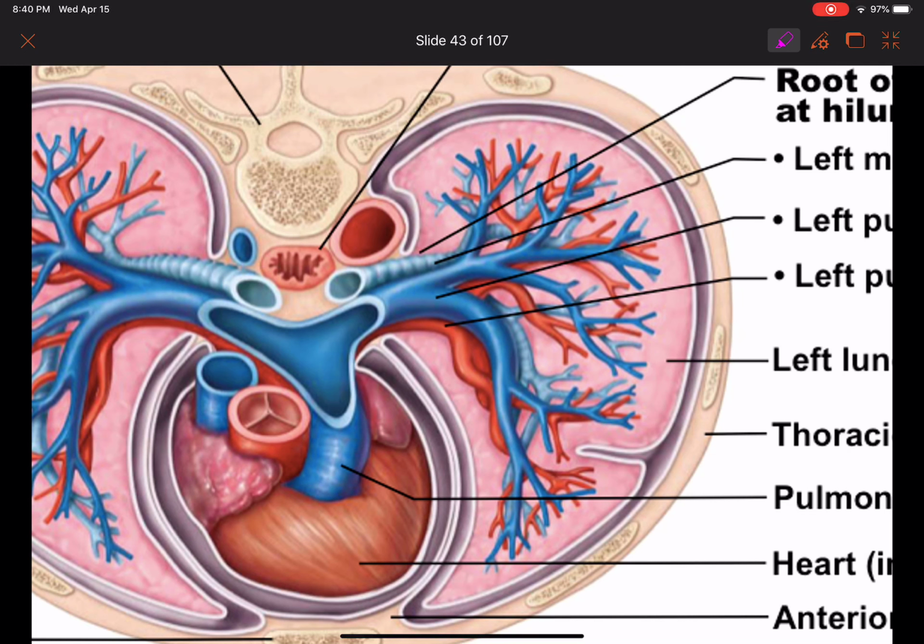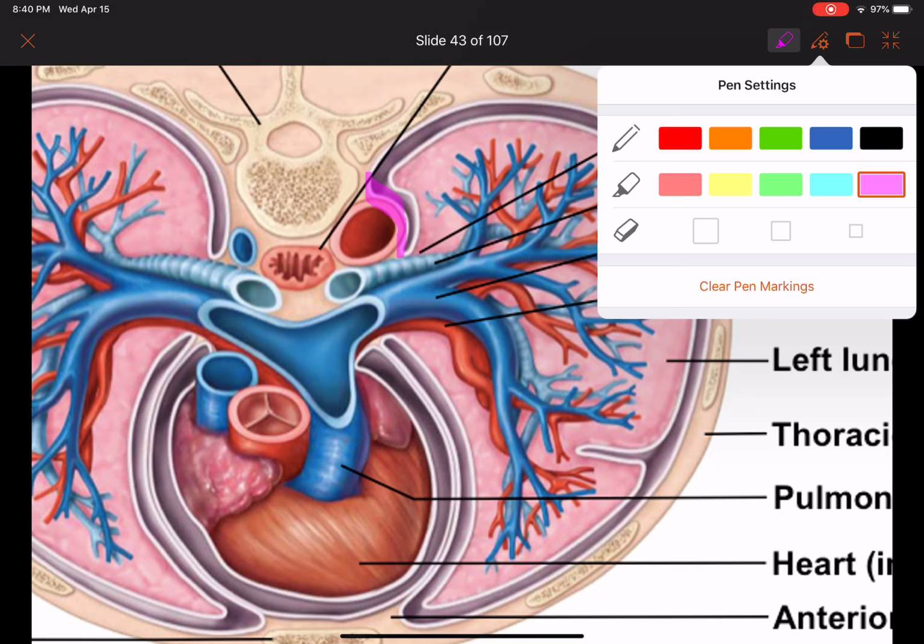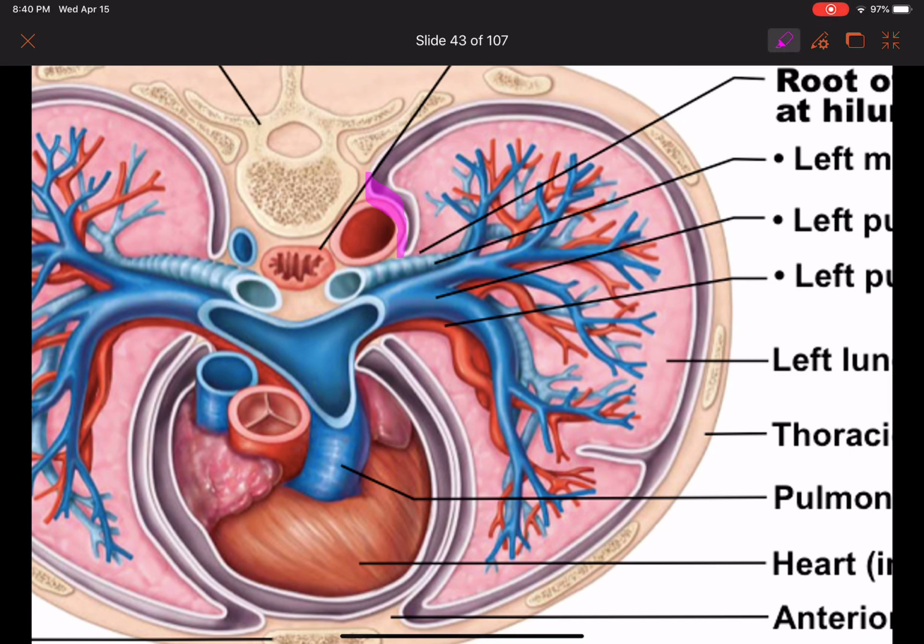So right here we have, let me see if I can change the, I can't really change the thickness of this, for lack of a better word, but I think that's okay.